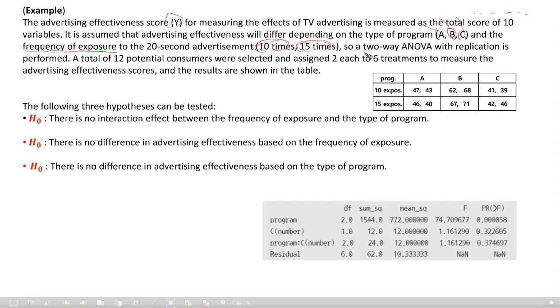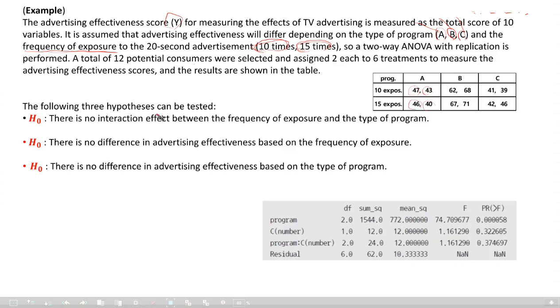Okay, so two-way ANOVA with replication is performed. A total of 12 potential consumers were selected and assigned to each of 6 treatments. They are 6 treatments, 2 by 3, so 2 persons assigned to each. And here 47, 43, 46, 40, something like that.